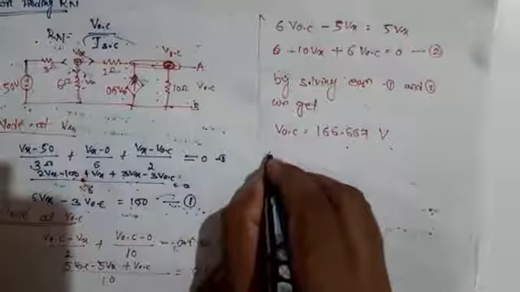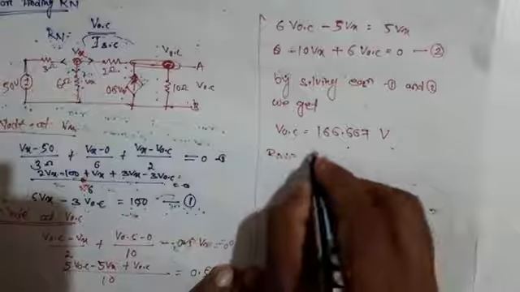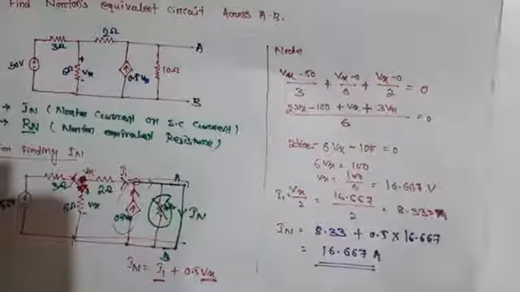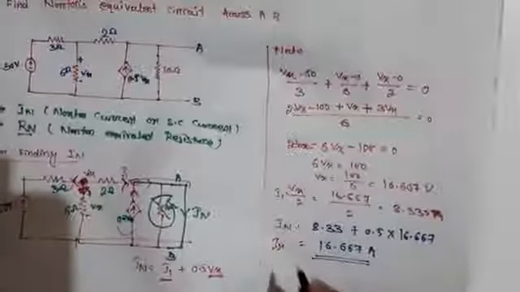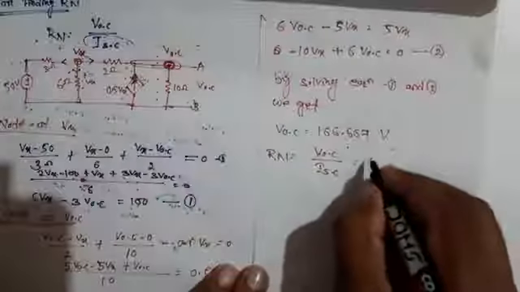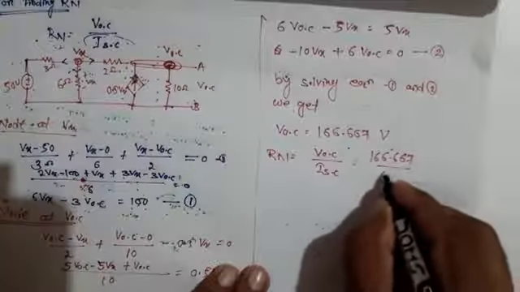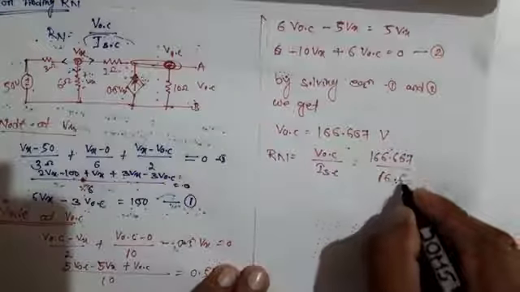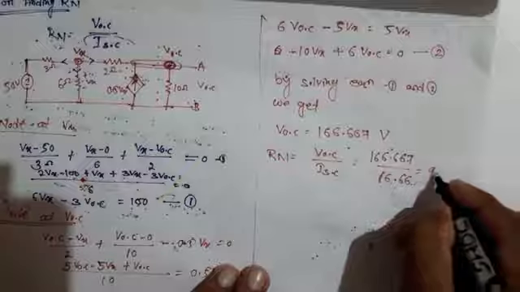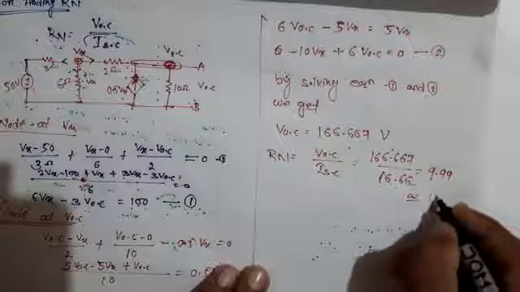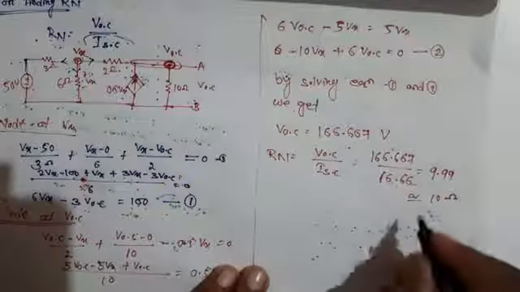For finding Rn, we know that it is VOC divided by ISC. We already found ISC, which is IN. So 166.667 divided by 16.667 is approximately 9.999, approximately equal to 10 ohm. We finally got this Rn and IN.